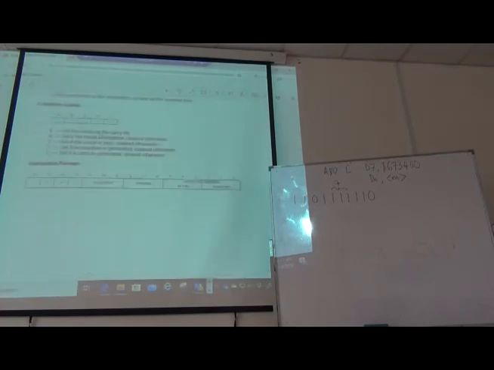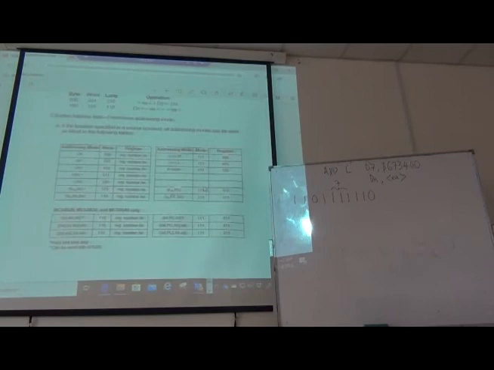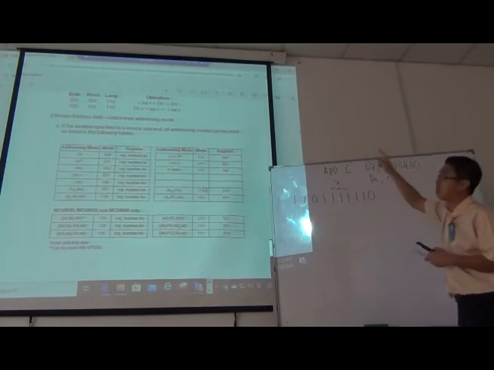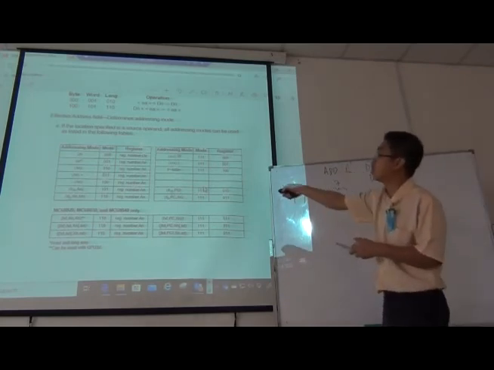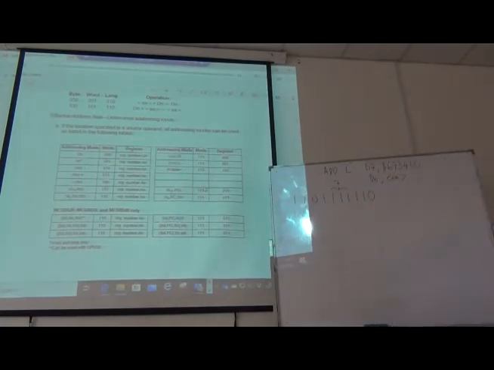Alright, the last one is the effective address. Okay, almost there. The effective address is the mode and register. Right now, the effective address is basically a destination. According to this one, this is a source operand, but now we have to look at the destination table. So we are going to look over here.